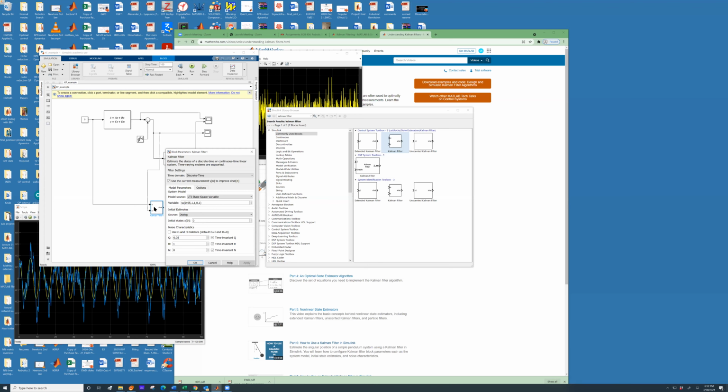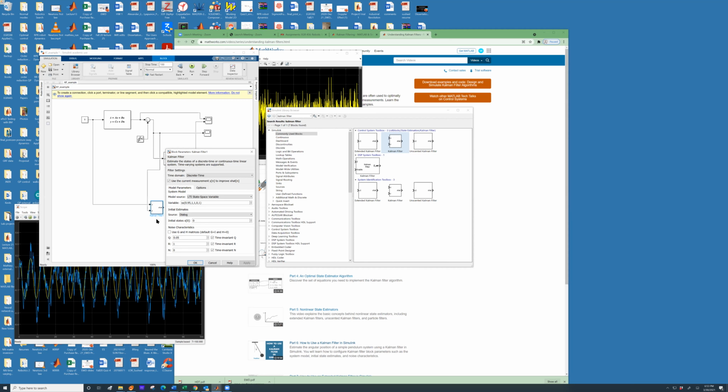When you click on the Kalman filter block, you can specify the values of Q, values of R, and values of N. Let me just explain what Q is. Basically it's a Gaussian process, which means you will expect some sort of statistical variation.